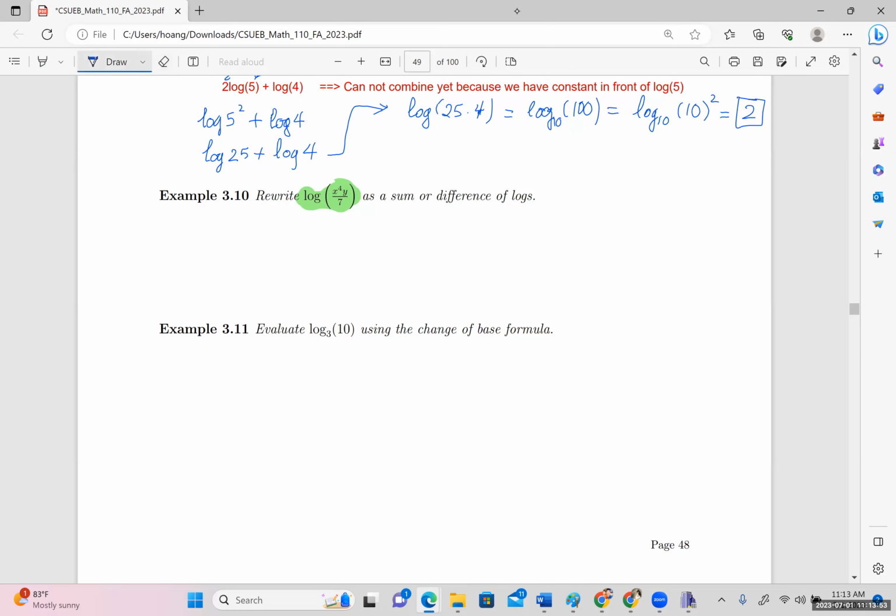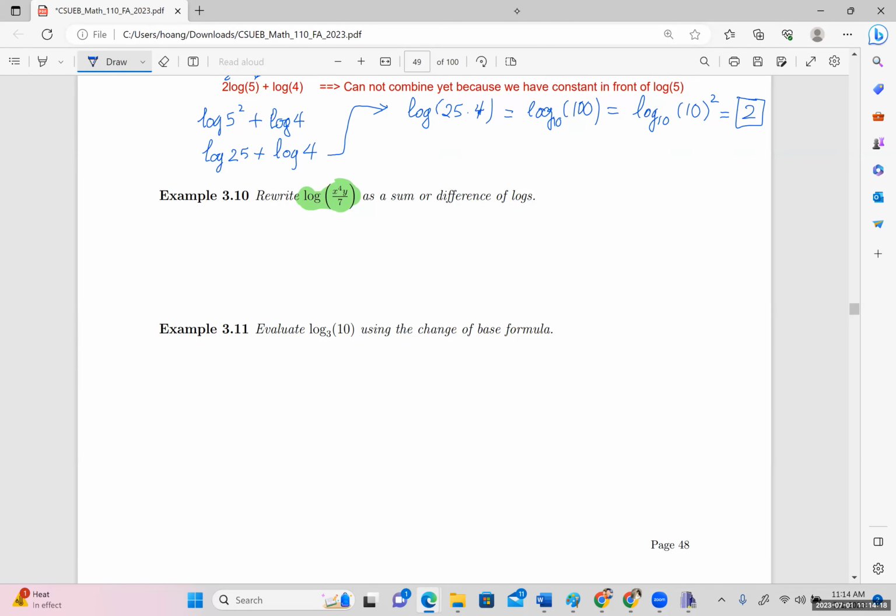Because look, generally it is the fraction x to the power 4 times y, divided by 7. So you should actually start with using the difference rule.